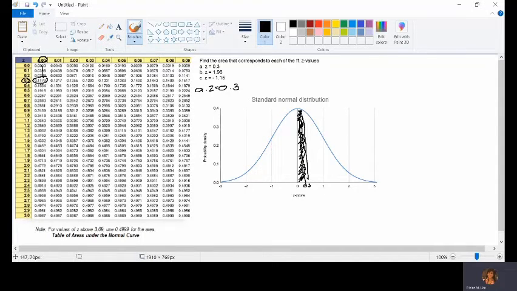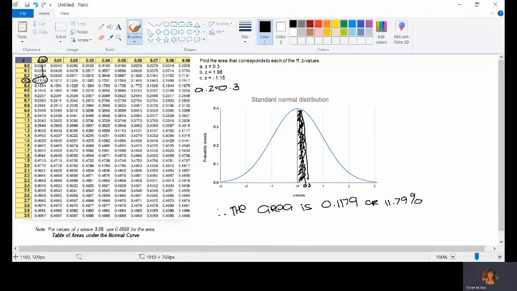The area value at the intersection of row 0.3 and column 0.00 is 0.1179 or 11.79%.